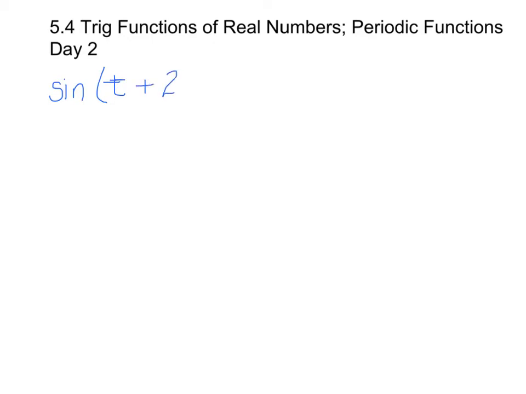And what happens is whenever your angle is more than 2 pi, when you go around the circle, you can get what we call a coterminal angle, and it will put us back at the same spot. For example, let's say that our angle was 420.